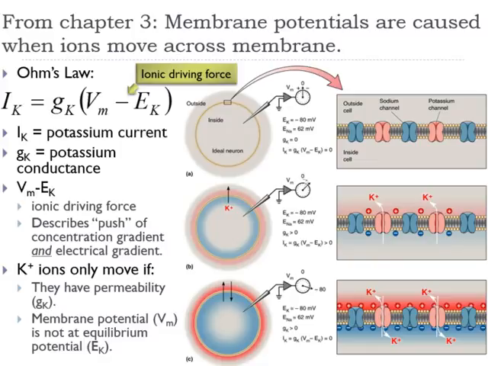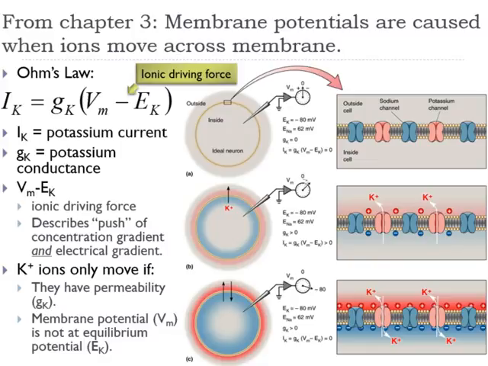Therefore, if you look at Ohm's law, there's no difference between the membrane potential and the equilibrium potential of potassium, so we're not going to have a current. If Vm and Ek become the same, then the difference between them is 0 once we've hit our equilibrium potential. Even though there's still permeability to potassium, there's going to be no current of potassium.